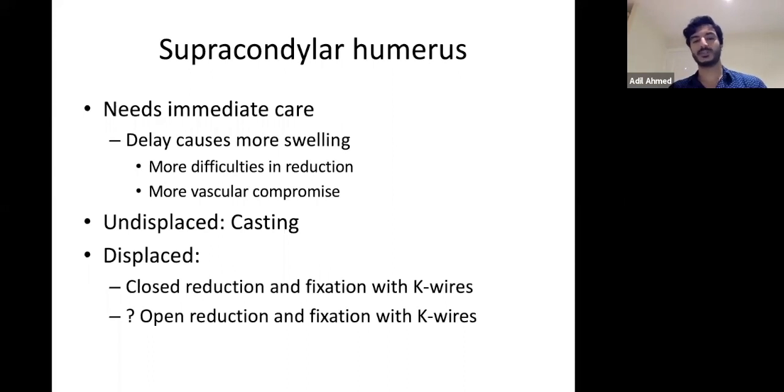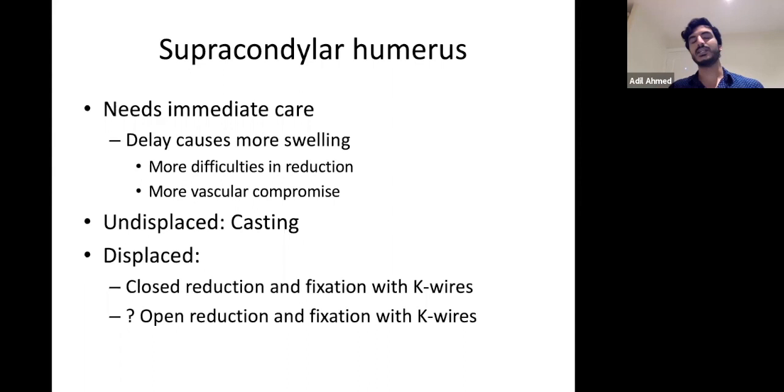These are the British Orthopaedic Association Surgical Trauma guidelines that discuss why and when you need to take someone into theatre.